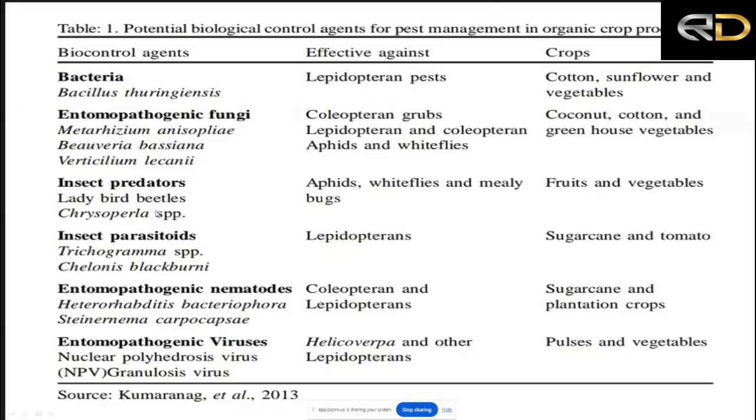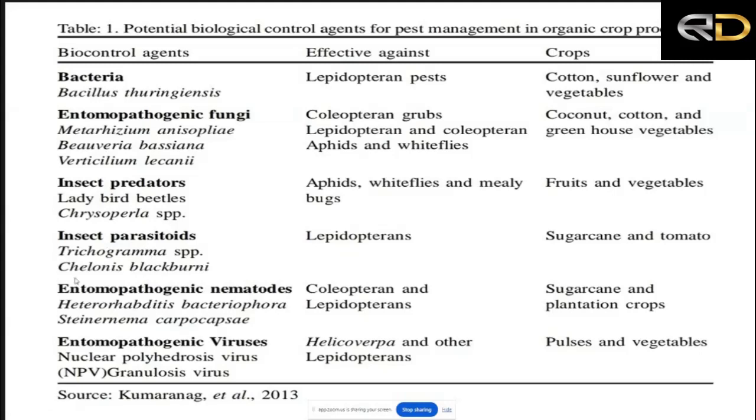We should attract these and let them come into our farm, and they will feed upon aphids, whiteflies and mealybugs, which cause havoc mostly when we are growing vegetables and fruits. Then insect parasitoids, as I have already said, attack the eggs of the pest. If the egg is gone, there will not be any growth.